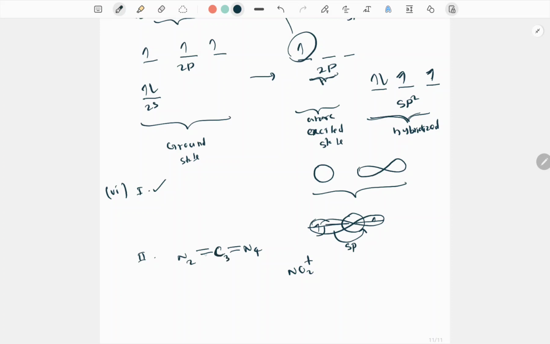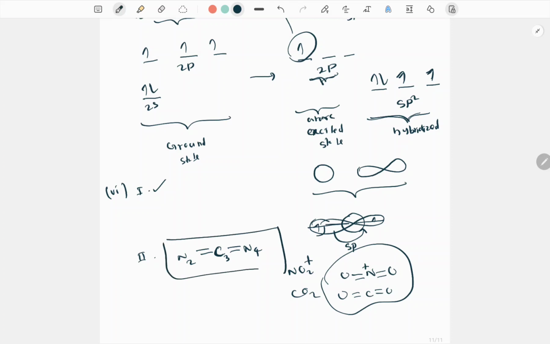Surrounding this carbon, you have 2 sigma bonds and 2 pi bonds. NO2 plus can be taken. Like this, that's correct. Carbon dioxide can also be taken, and these are similar compounds for this orientation of double bonds, right?